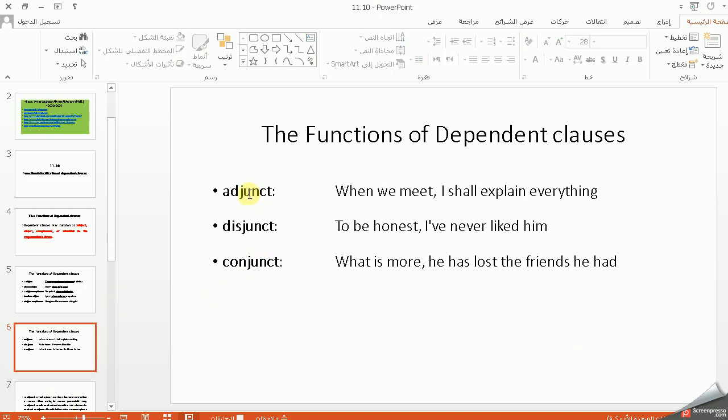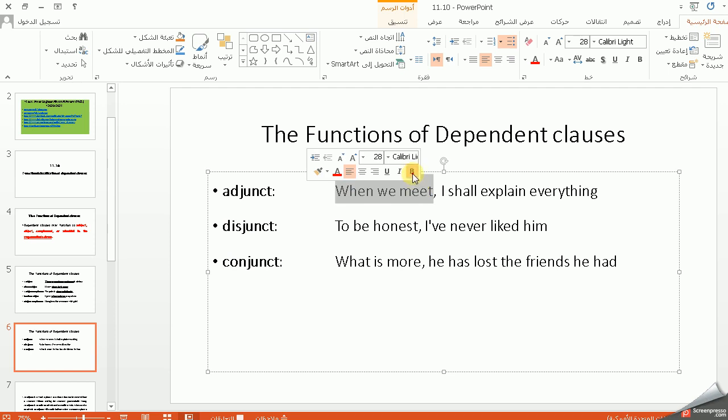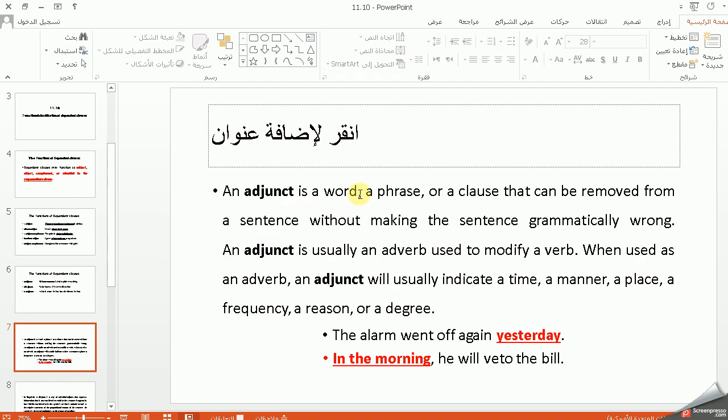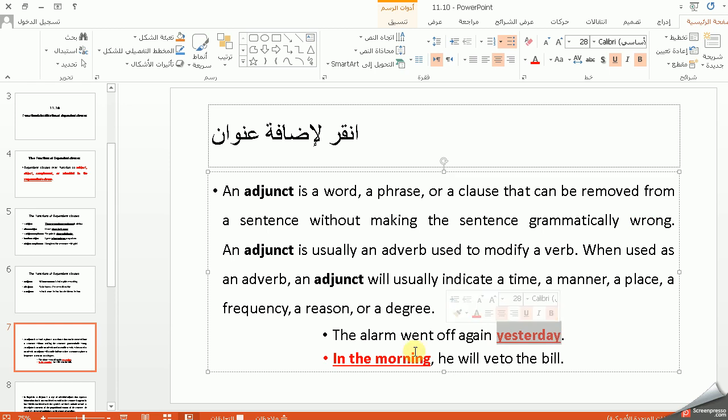If we move to other functions, there is adjunct, disjunct, or conjunct. Adjunct: when we met, I shall explain everything. To remind you what an adjunct is, this definition is taken from the internet. When you Google adjunct in grammar, an adjunct is a word or a phrase or a clause that can be removed from a sentence without making the sentence grammatically wrong, such as the alarm went off again yesterday, or in the morning he will veto the bill.